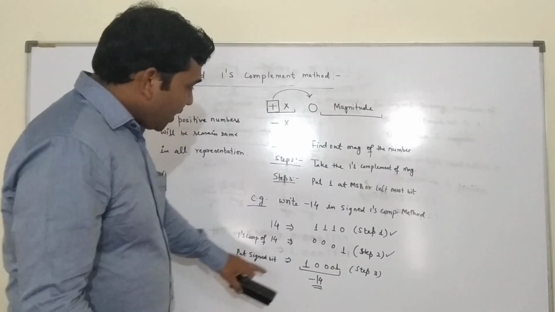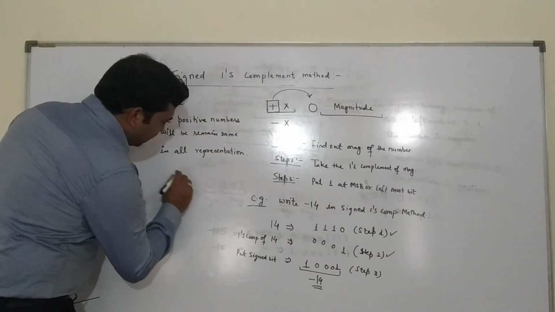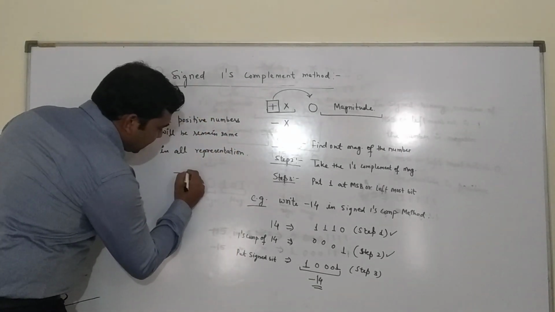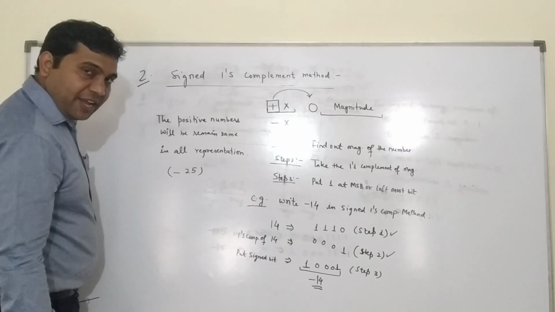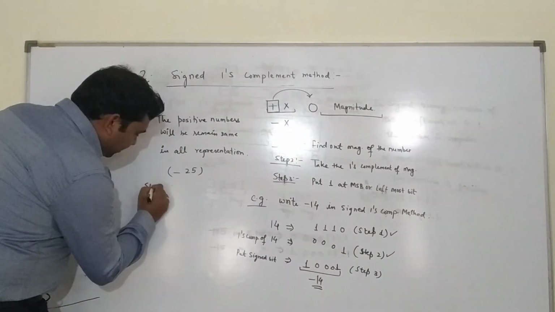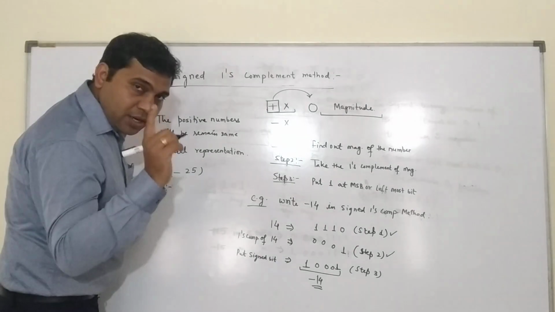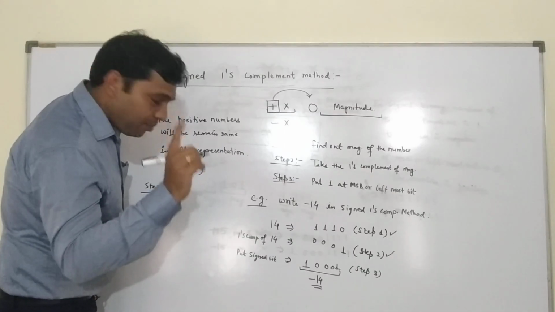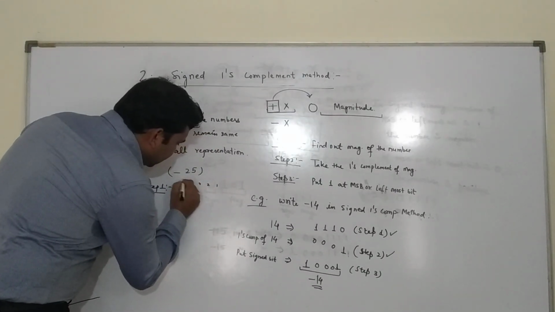Okay. Now take one more example. Let's say the problem is write minus 25. How to write minus 25? First, step number 1. Find out the magnitude. How to find out the magnitude? 1, 2, 4, 8, 16.